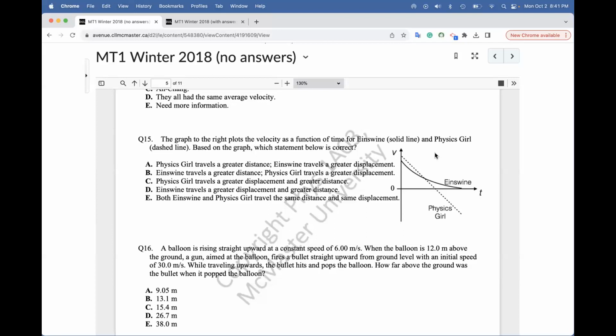Okay, so this is a really long-winded, elaborate, and wordy question. But I'm just going to try to make a diagram and then go from there. So how far above the ground was the bullet when it popped the balloon? So we're trying to find the y, the height. So that's our variable.